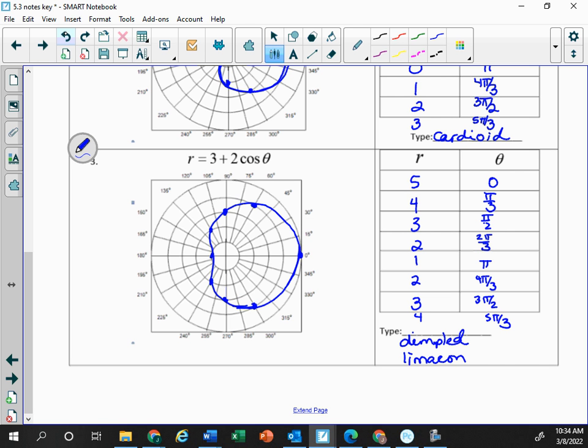That's the dimple. It's not as extreme as the cardioid, and it doesn't go to the pole the way the cardioid does. Okay. All right, guys. Any questions there? We'll do the last one, and then I'll see if you're noticing any sort of patterns or what's happening, okay?